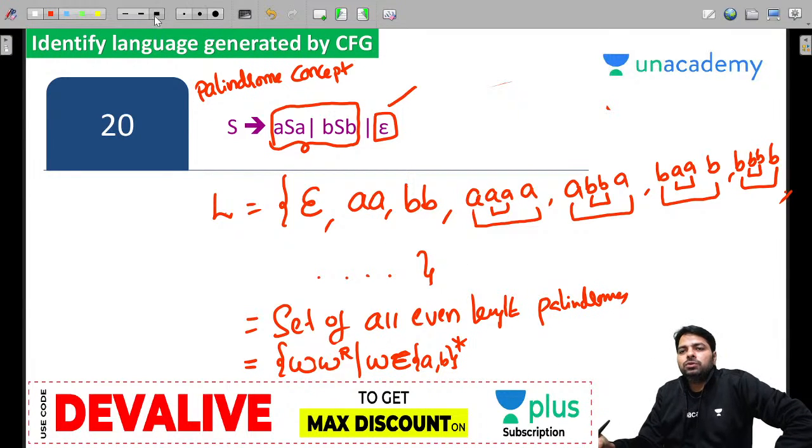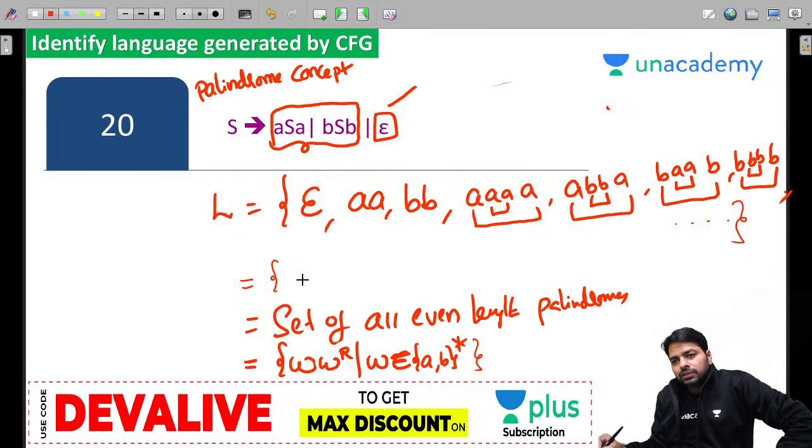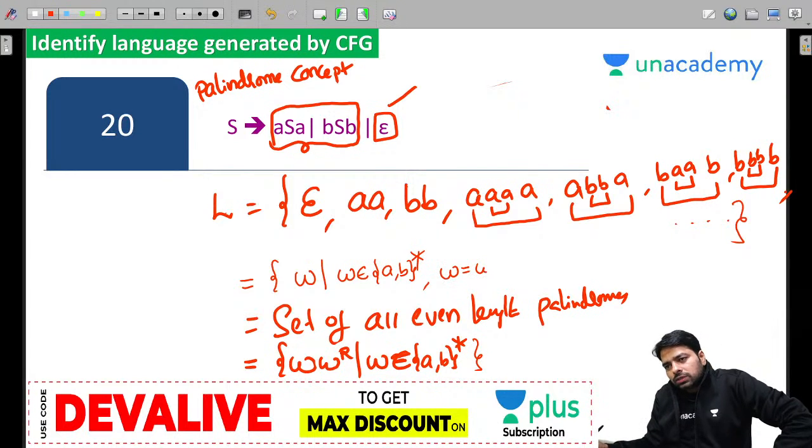It automatically produces even length. But there are other ways too, more complicated ways to represent it. Now L is equal to the set of W such that W belongs to A comma B whole star, but I'll write W is equal to W power R and the length of W is even. This is another way to represent it.